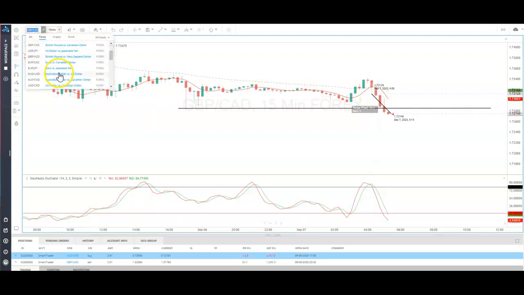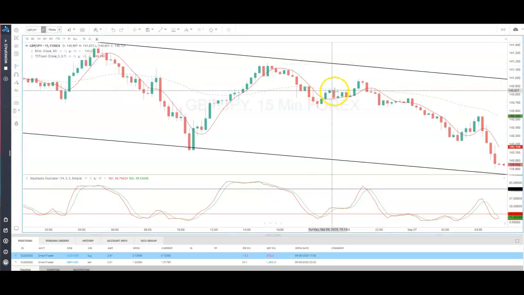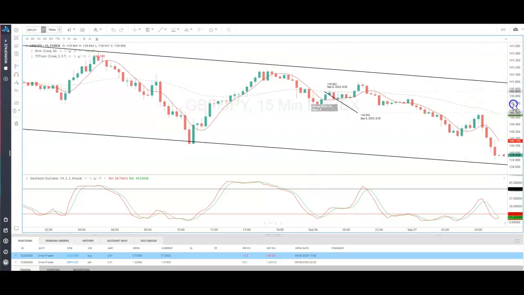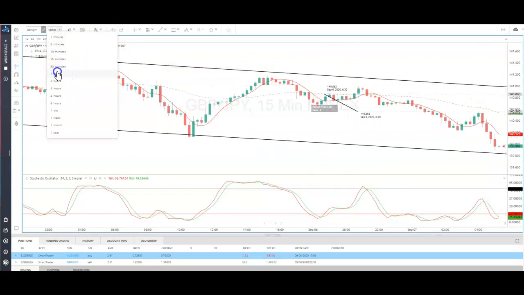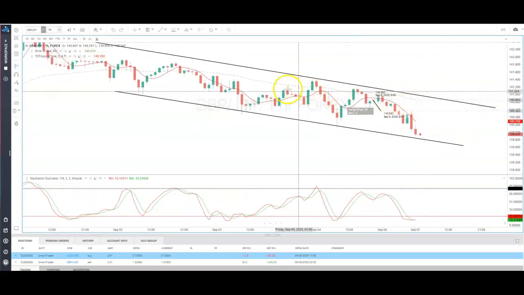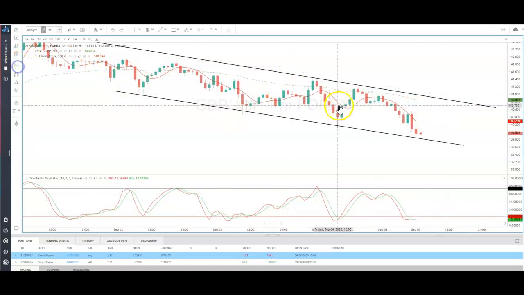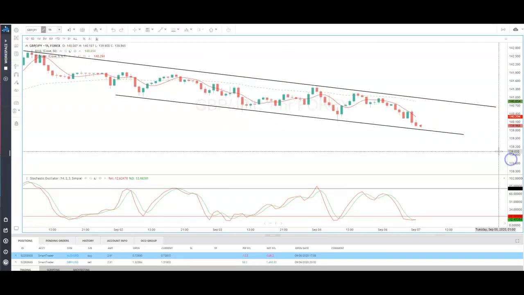And what was the other one? All the pound crosses, I would look: pound dollar, pound Aussie, pound yen. If we look at the higher time frame, the pound yen was already in a downtrend. The 50 moving average line tells us that we are in a downtrend, so we would favor selling.